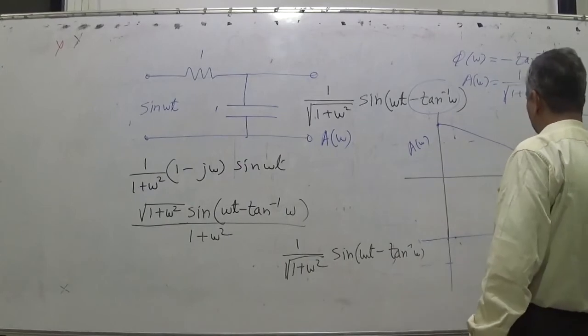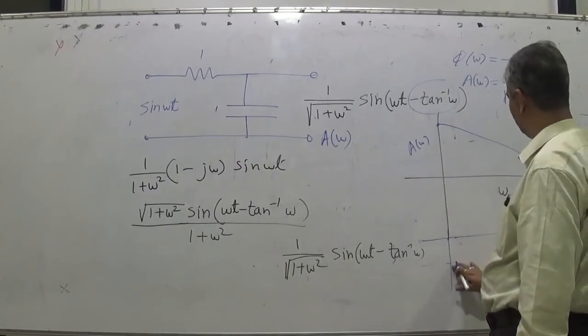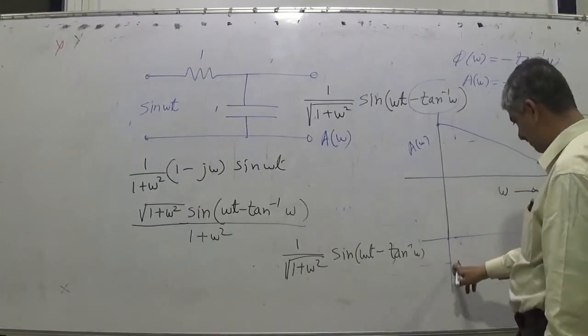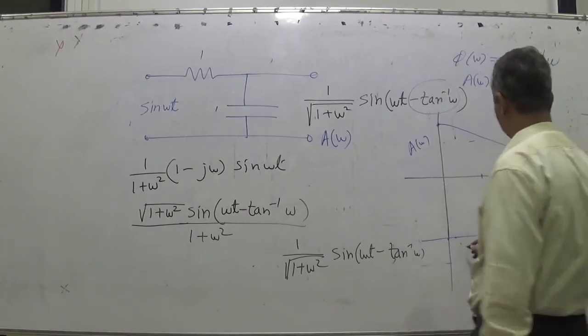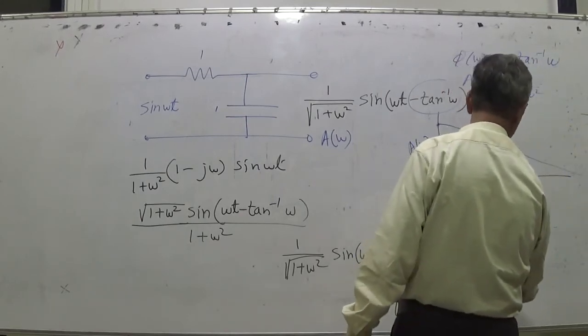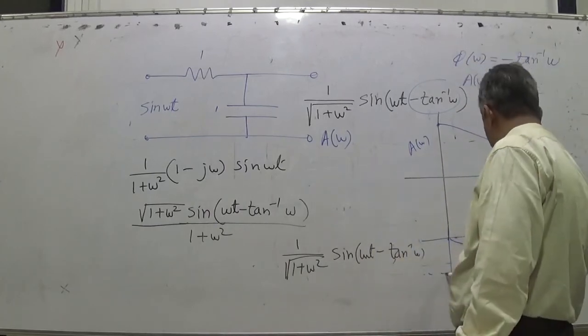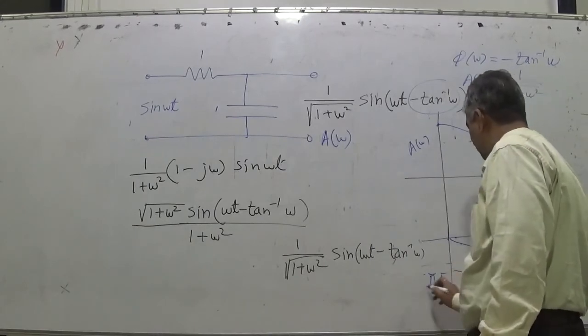If you want to plot phi of omega, at omega equal to 0, tan inverse of omega is 0, and at omega equal to infinity, it goes to pi by 2. At omega equal to 1, it is pi by 4. So the phase is like this, asymptotically moving to 90 degrees, that is minus pi by 2.